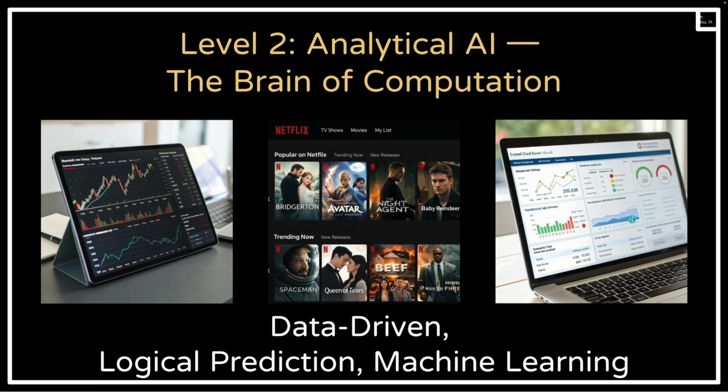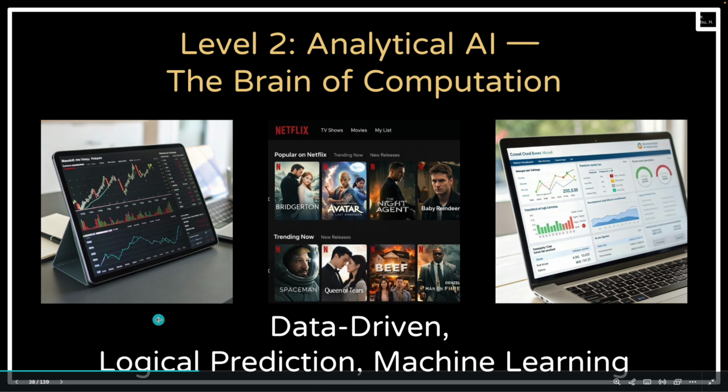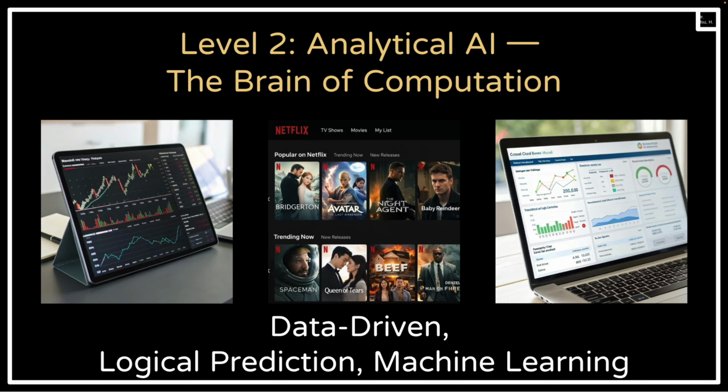These images help us immediately understand the nature of analytical AI. This is the level when AI starts learning from data, identifying patterns, and making predictions. So when you look at the keywords, data-driven, logical prediction, and machine learning, you can think of this level as the computational brain of modern business AI.